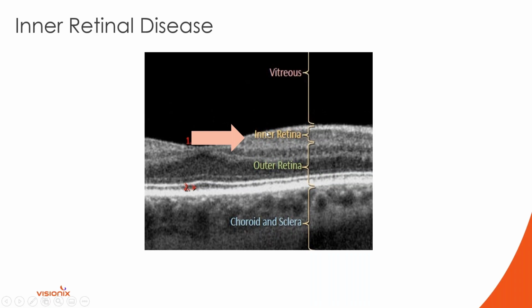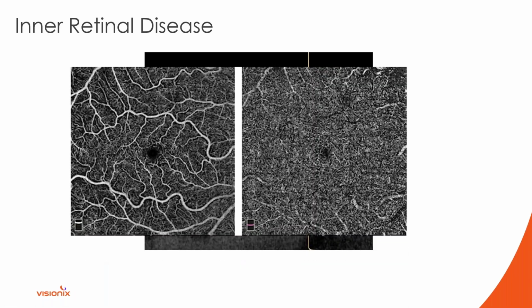If you recall from my slide before on anatomy, the angiograms that correlate with the inner retina are going to be the superficial plexus on the left and the deep plexus on the right. You can again notice on the bottom, the white line is pretty high up, indicating how high up we are in the retina.